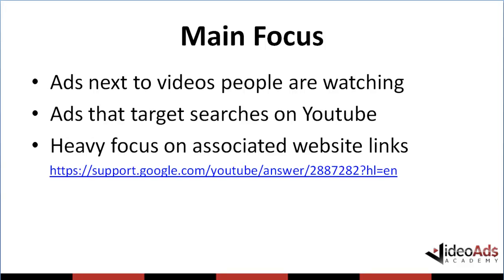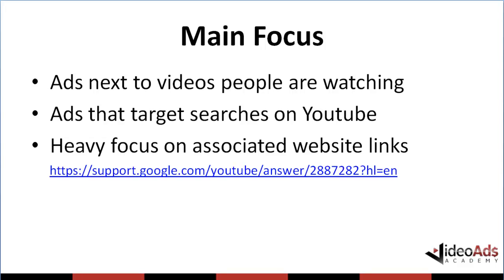So again, the main focus is ads next to videos that people are watching. We're also going to be focusing on ads that target searches on YouTube. So someone is on YouTube, they type something in the search box, and your ad can actually show up. If someone clicks on it, it takes them to your video.